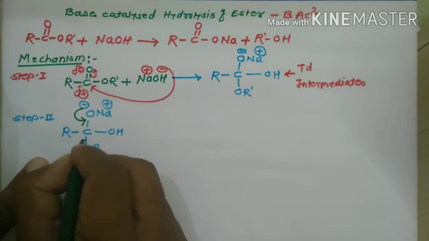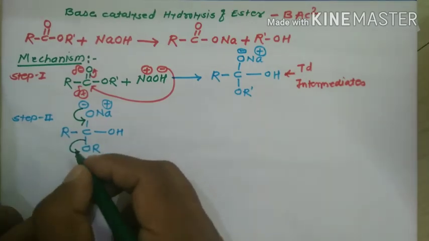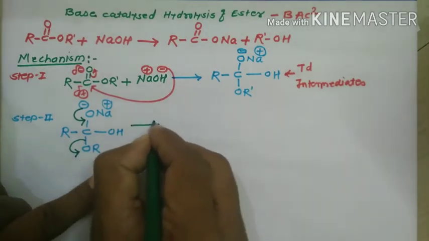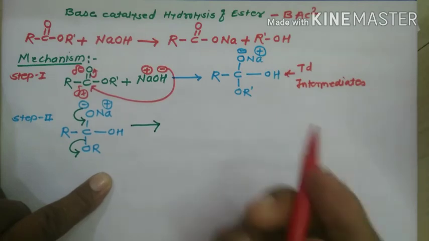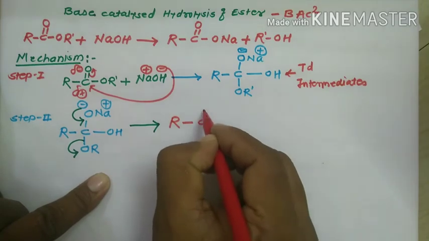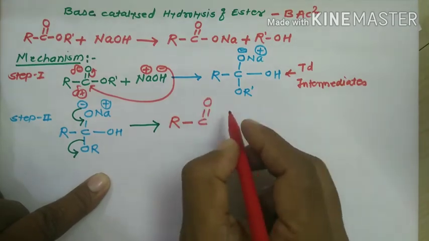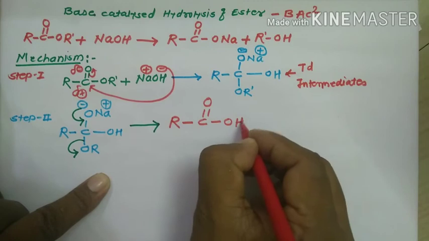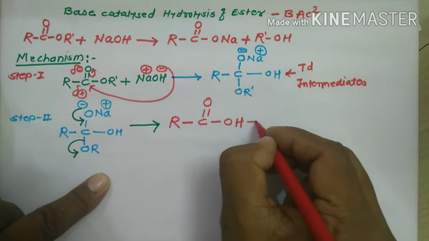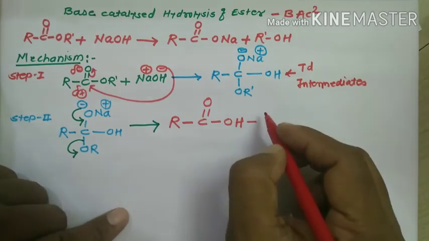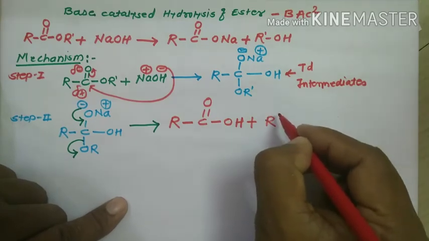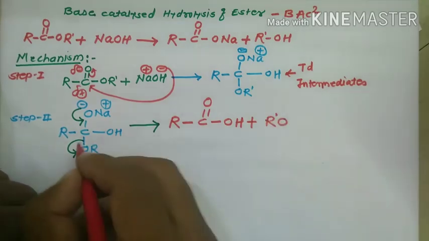At that time the OR, that is the alkoxide ion, is eliminated with its bonding pair of electrons to form R-C double bond O-OH with elimination of R dash O minus.